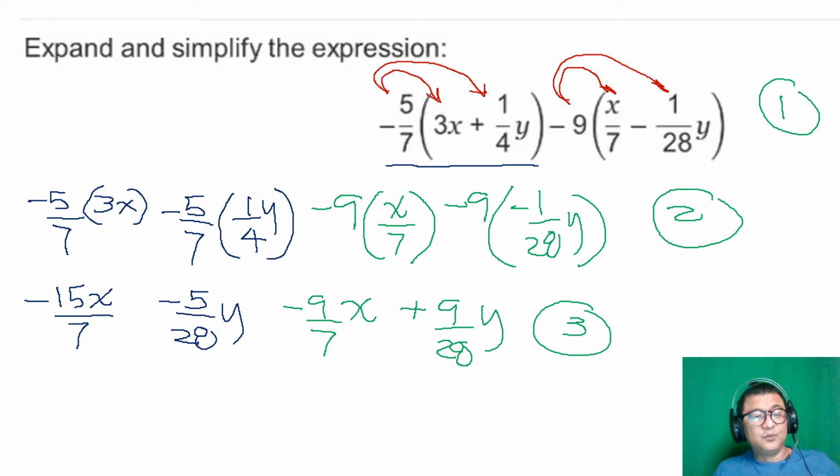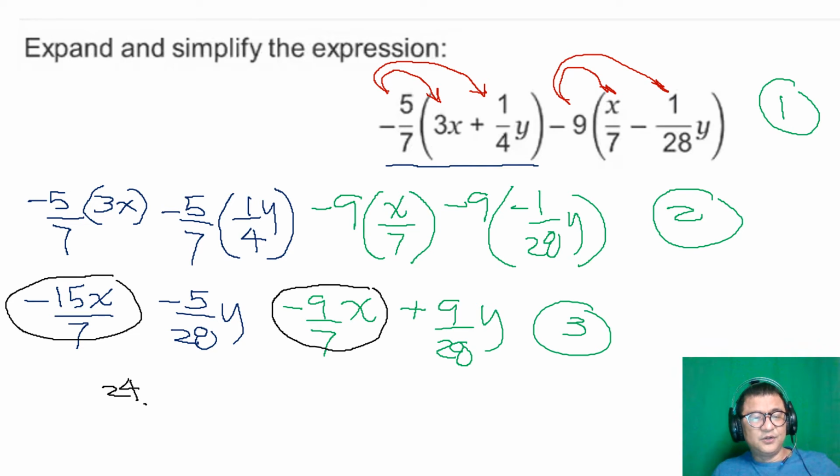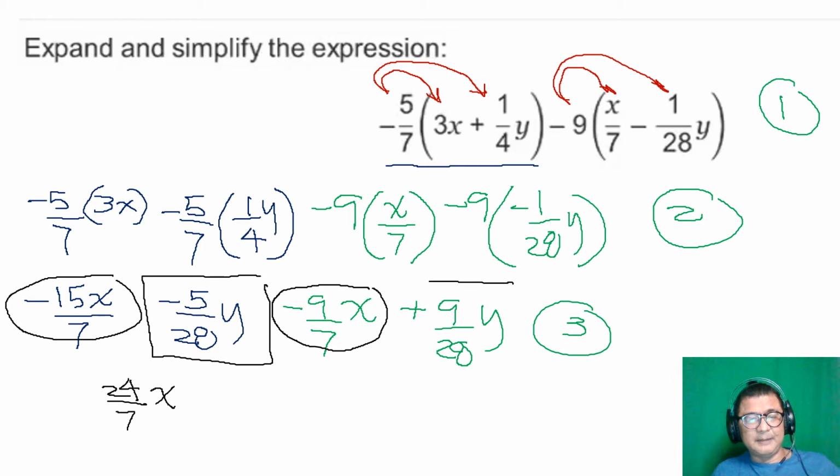But guess what? We can still simplify this because this x could be combined with that x. Negative and negative, we're adding them. 15 plus 9 is 24 over 7x, right? Because the x's were combined. How about the y's? I can combine a negative and a positive, same denominator, so no problem, over 28, okay?